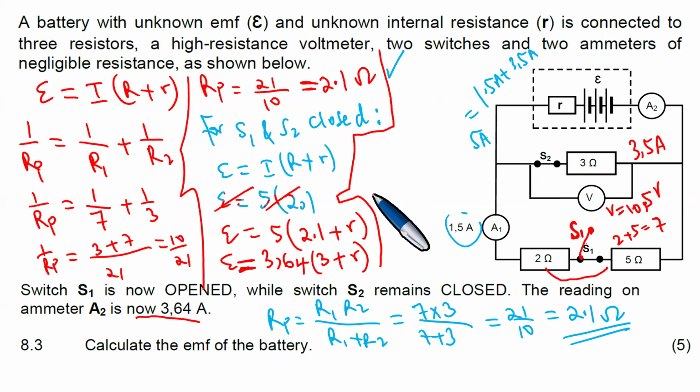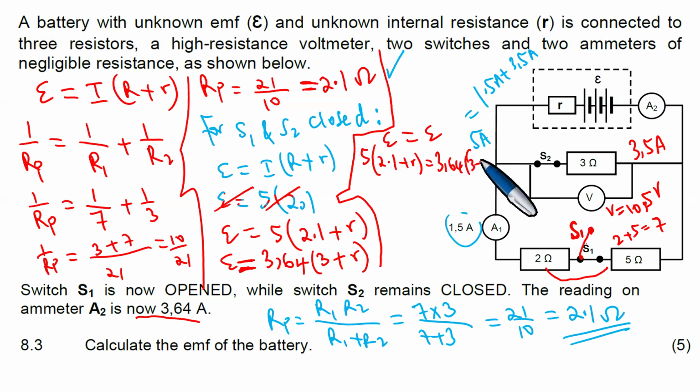Which means that what we have here are these two formulas. So we have that EMF must be equal to 5 times (2.1 plus R), and also 3.64 times (3 plus R).